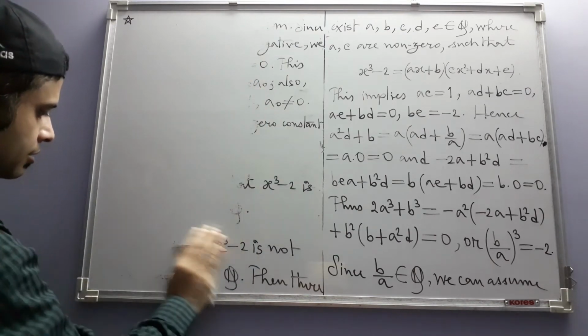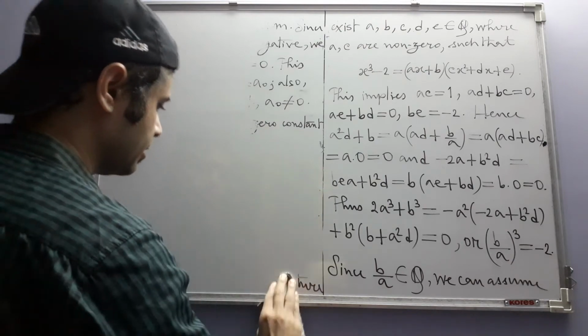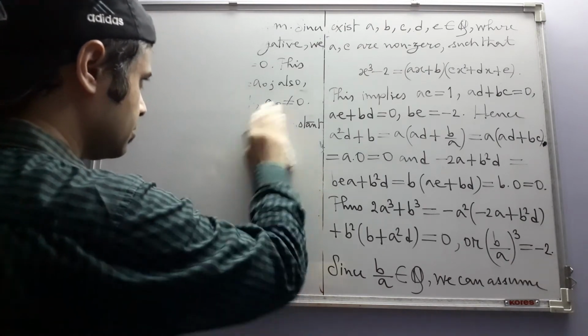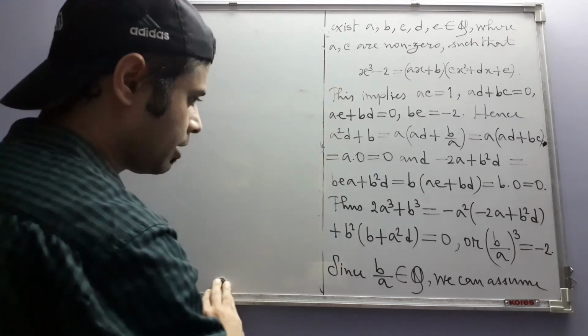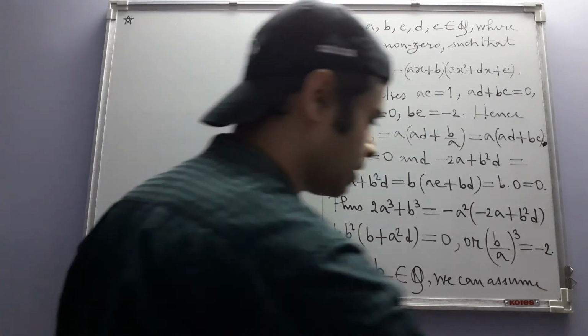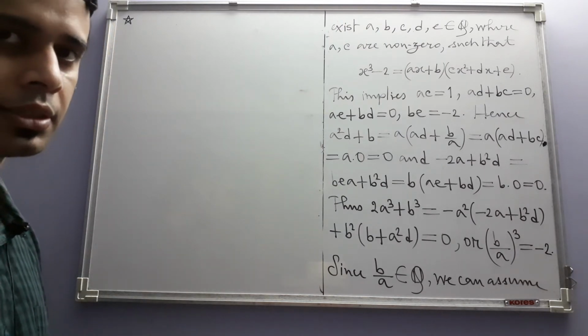Since we are trying to get a contradiction and we have the fact that the cube of a rational number is equal to -2, we will try to show that that gives us a contradiction.